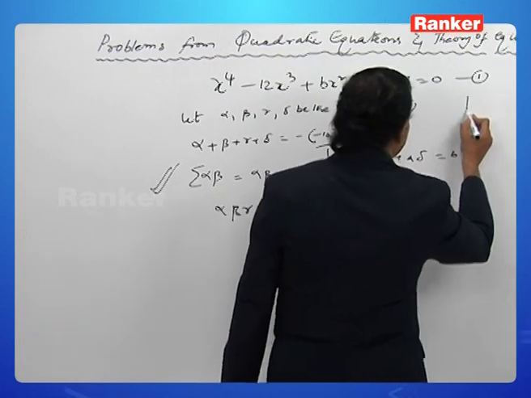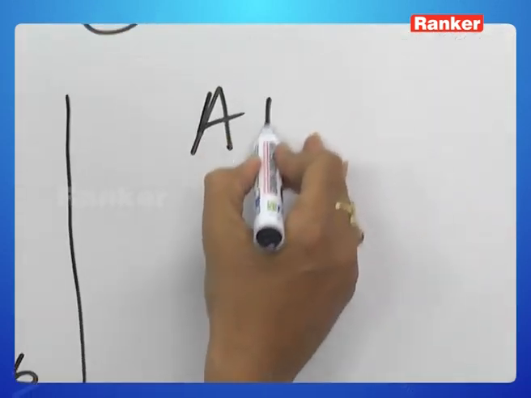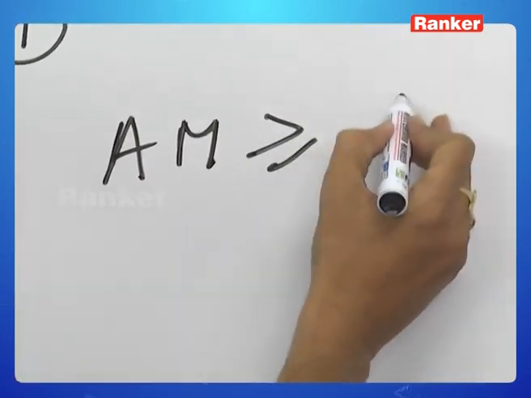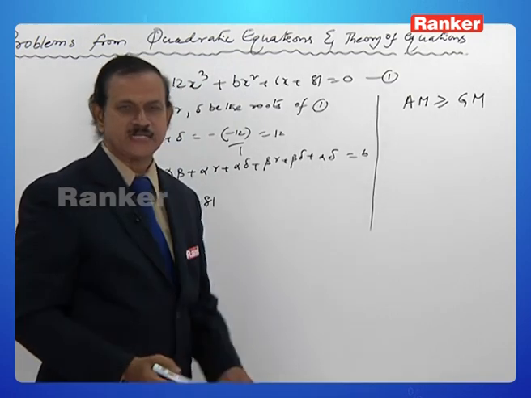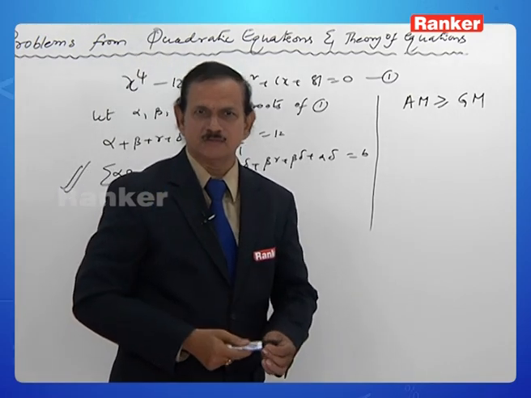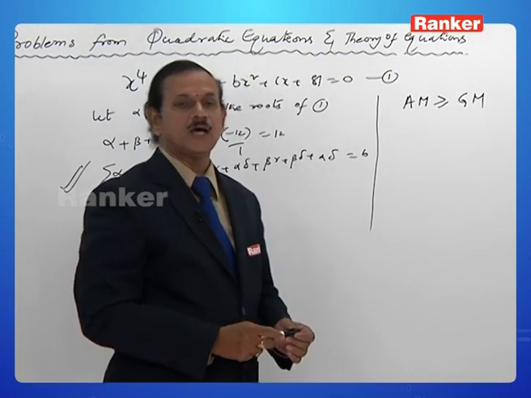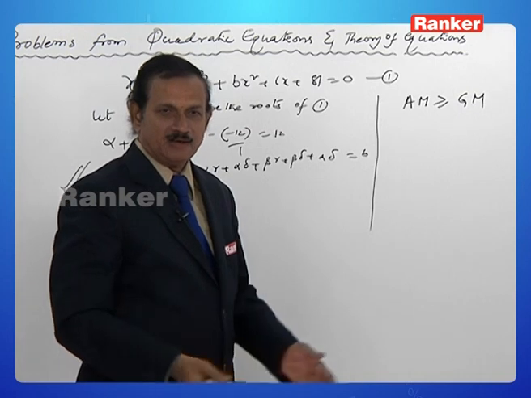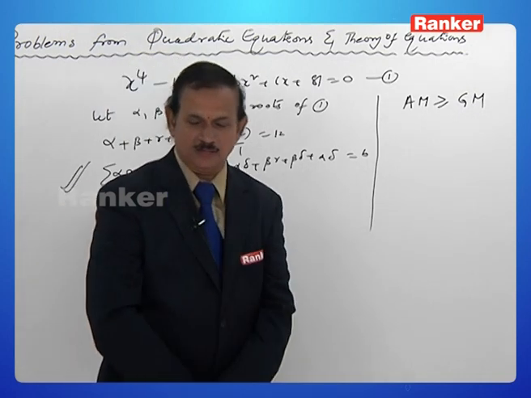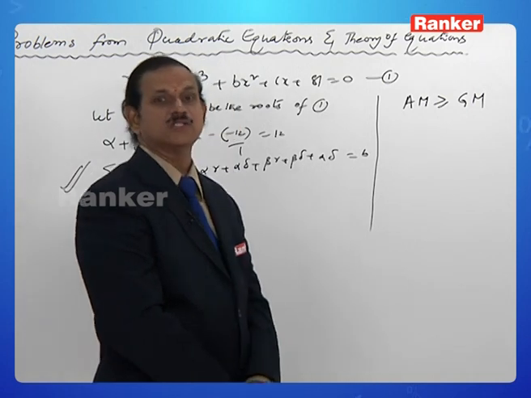From the knowledge of progressions, we know that AM is always greater than or equal to GM for any finite set of real numbers. Of course, as GM is going to be considered, they are to be positive. Here, one of the assets in the data is that all the roots are positive.